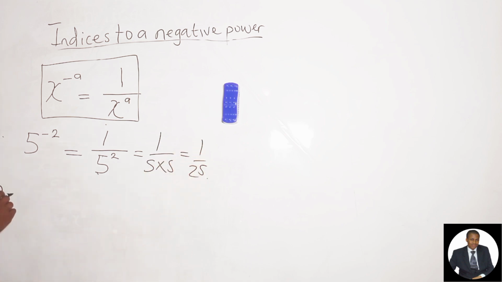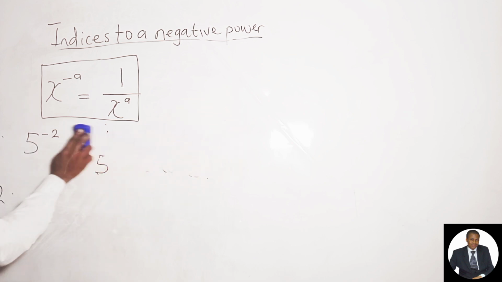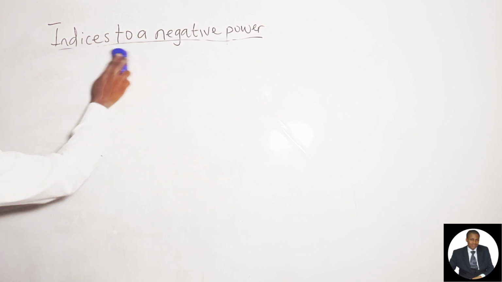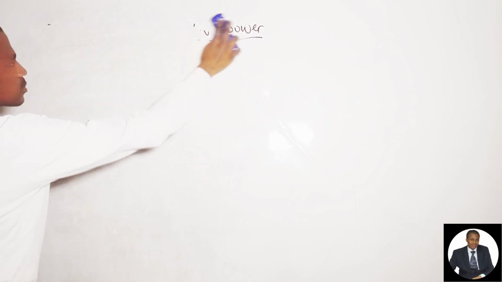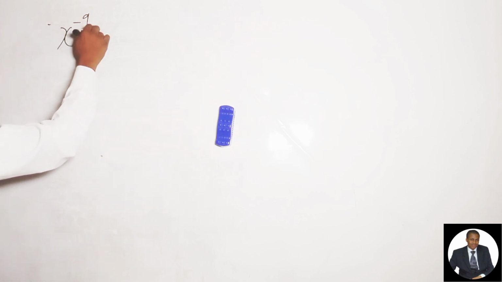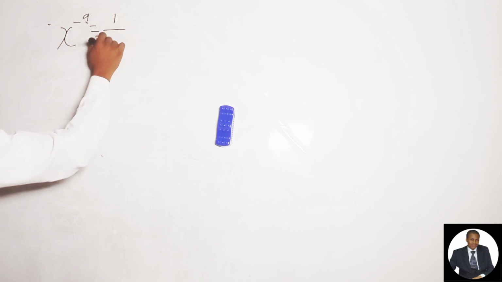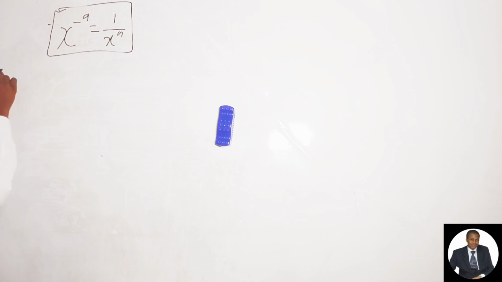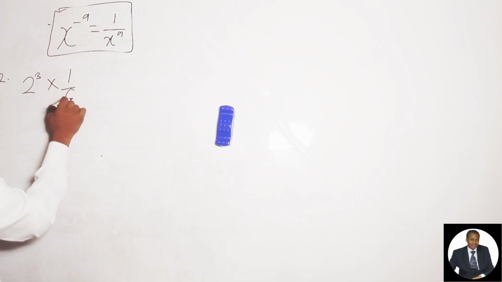Number 2, we have something like 2 to the power of 3 times 1 over 6 to the power of minus 1.